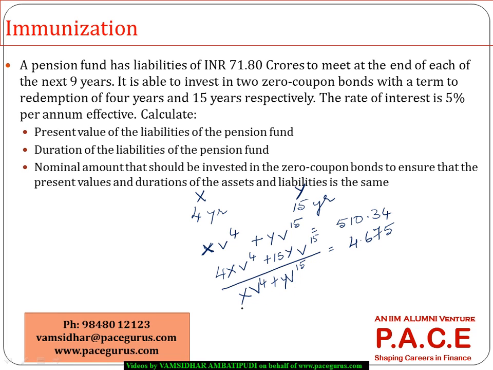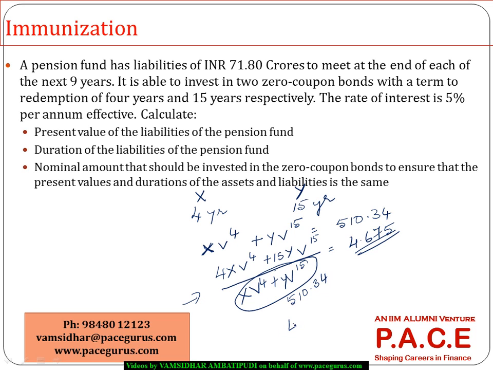Now the duration of the liabilities is equal to the duration of the assets. This is the duration of the liabilities, and this is what will come out to be the duration of the asset. The change in price by the price, so x v^4 plus y v^15, we know that it is 510.34.